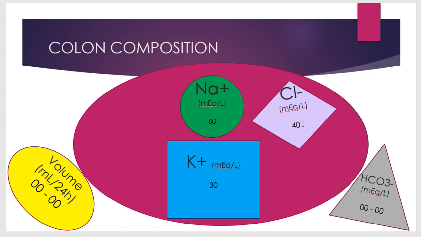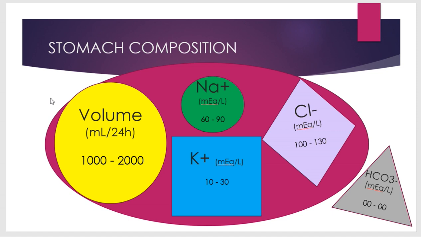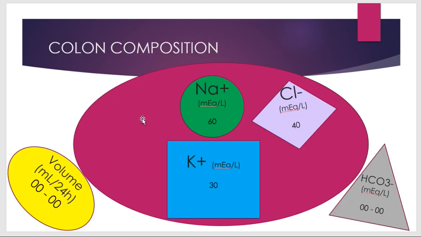Chloride is least in colon, and sodium is also towards the lower side. You can see here, the gastric secretion average is around 75 milliequivalents sodium, whereas in colonic fluid 60 milliequivalents, this is the average value. Clear? Most of the things get absorbed in the colon. So this is the condition.